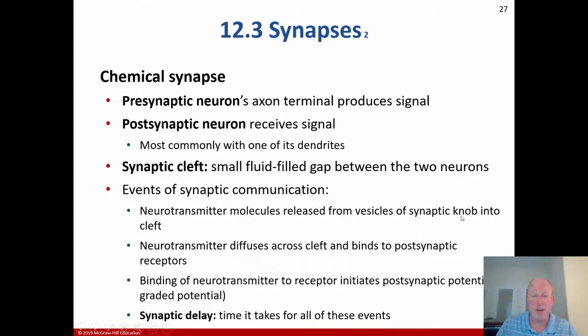In this case, the neurotransmitter is released from the synaptic knob into the cleft, diffuses across the cleft, and binds to postsynaptic receptors. That binding of the neurotransmitter to the receptor initiates the postsynaptic potential, a graded potential. The synaptic delay is the time it takes for all of these events.